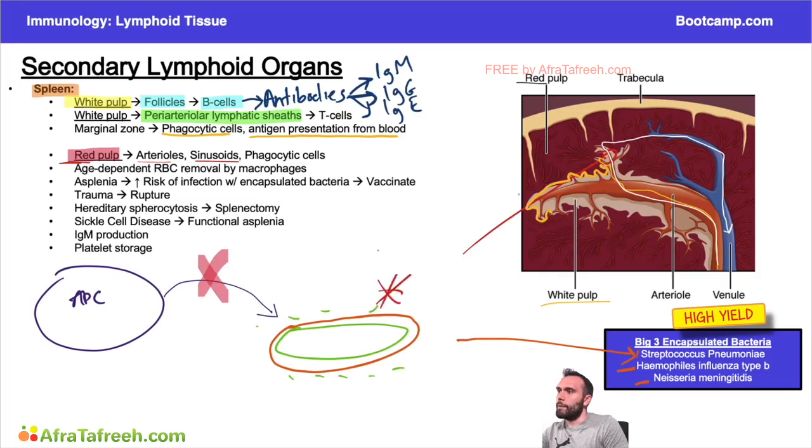Let's say some IgM antibody floating around binds to the surface of this bacteria, and in doing that, the bacteria is tagged for destruction. Now certain antigen presenting cells can bind to the other portion of this IgM, and that gives them the signal to say, hey, you can digest this bacteria. Now the antigen presenting cell can engulf our bacteria again.